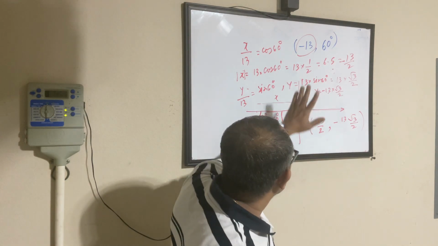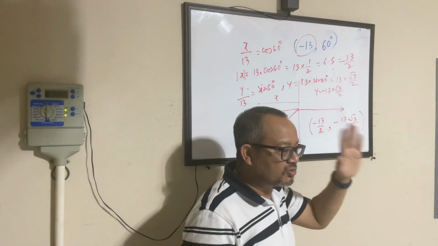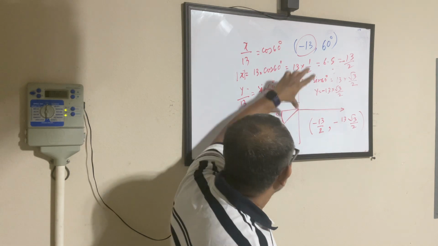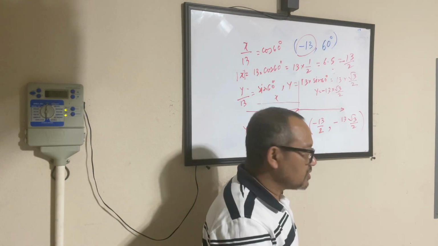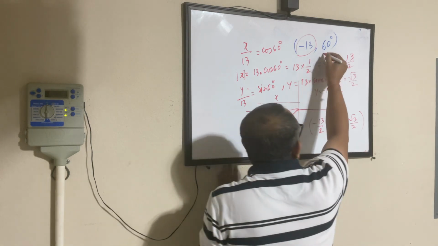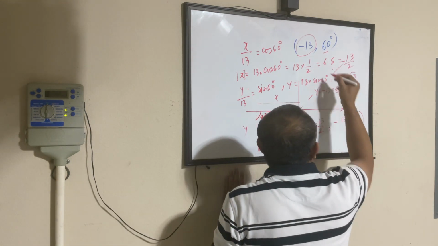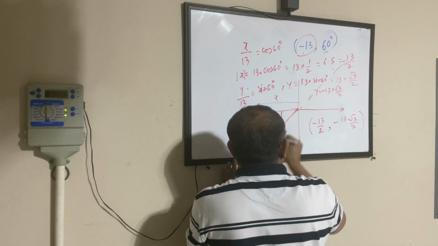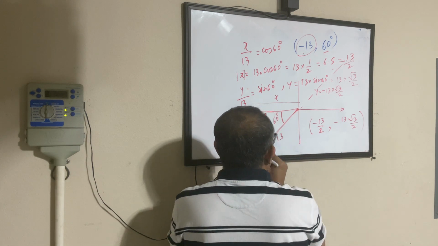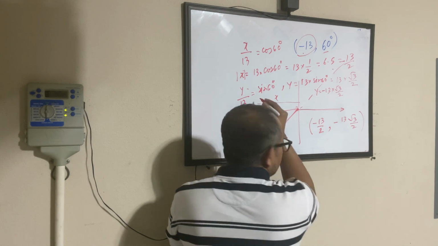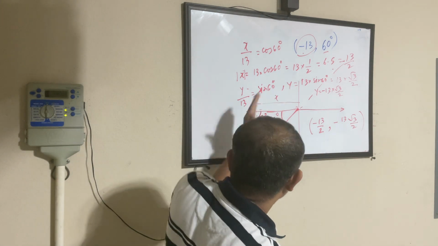So if you look at the step-by-step process, the first and foremost thing that I did was locate which point we are talking about. I looked at the angle, drew it, then saw negative, which means I have to go in the opposite direction, and this is the point. Then I converted this to a right angle triangle to find x and y.